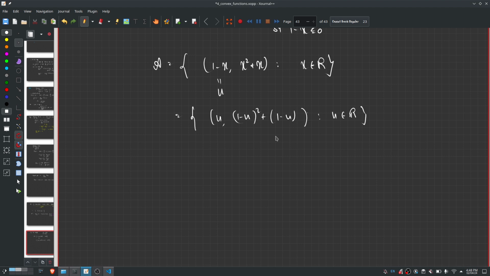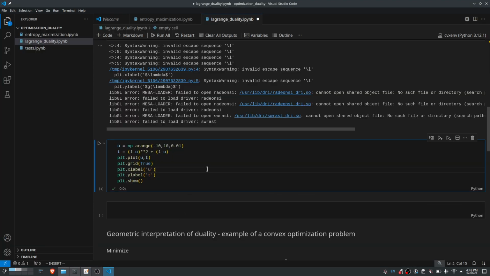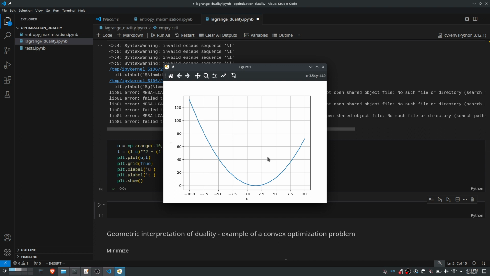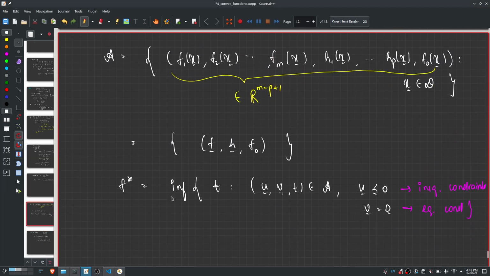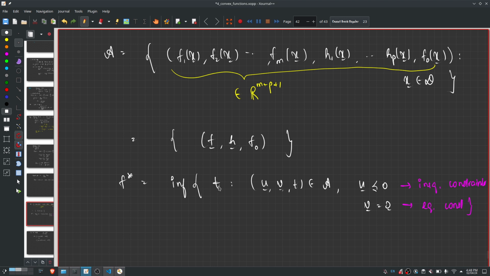And what is the minimum? Let's try to see what the minimum is with respect to this particular set. For the original problem, what did we say the minimum was? The minimum of the constrained optimization problem: you look at this particular set. Among all possible vectors for which the first set of components are less than or equal to 0 and the next set of components are equal to 0, what is the minimum value of the last component?